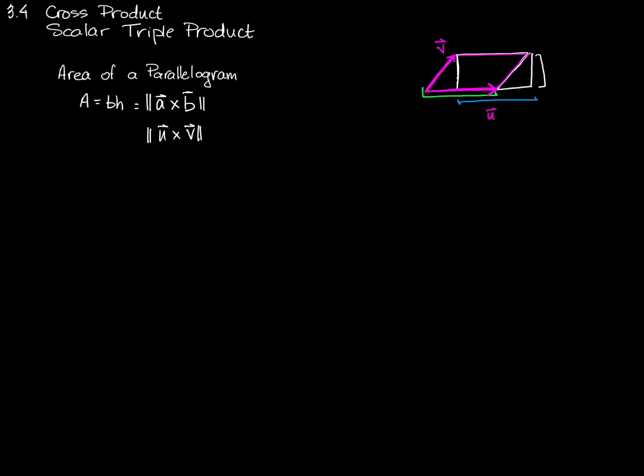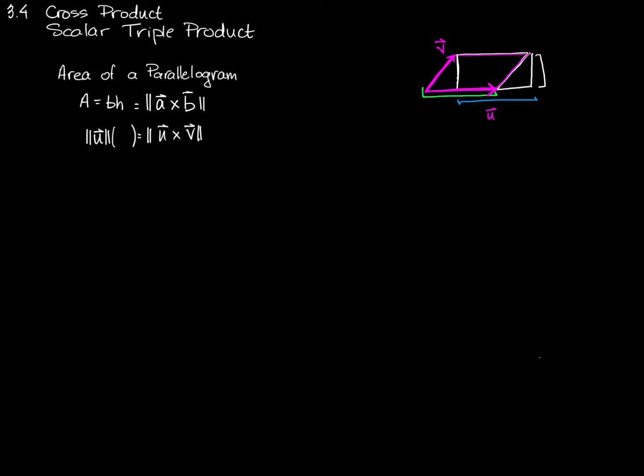But I'd also like to observe that the length of the base of the parallelogram is also the magnitude of vector u. So instead of writing b here, I could write the magnitude of vector u. Let's do that. Magnitude of vector u, and I'll leave a space here, times something, is equal to the magnitude of the cross product of u and v.